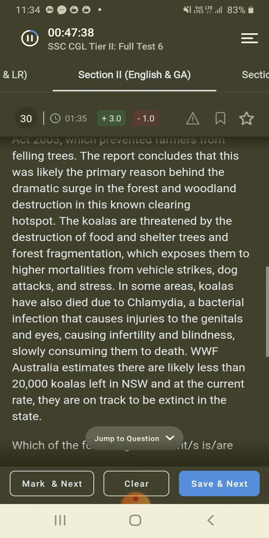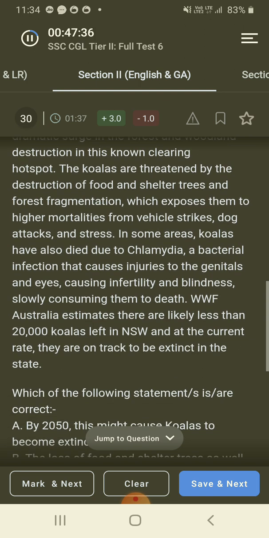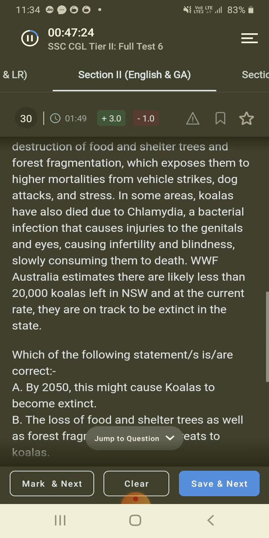in this clearing hotspot. The koalas are threatened by the destruction of food and shelter trees and forest fragmentation, which exposes them to higher mortalities from vehicle strikes, dog attacks, and stress.